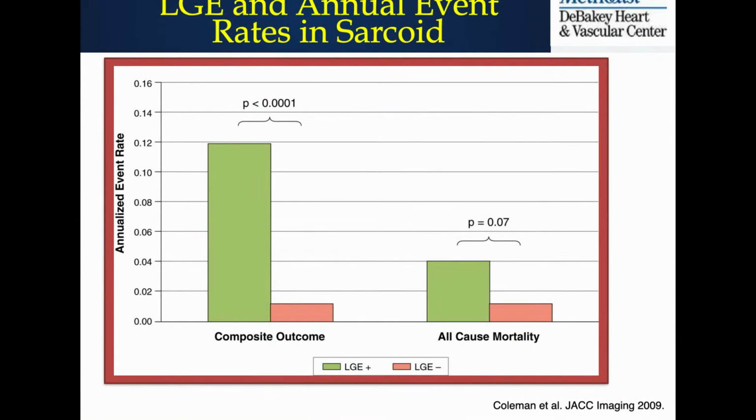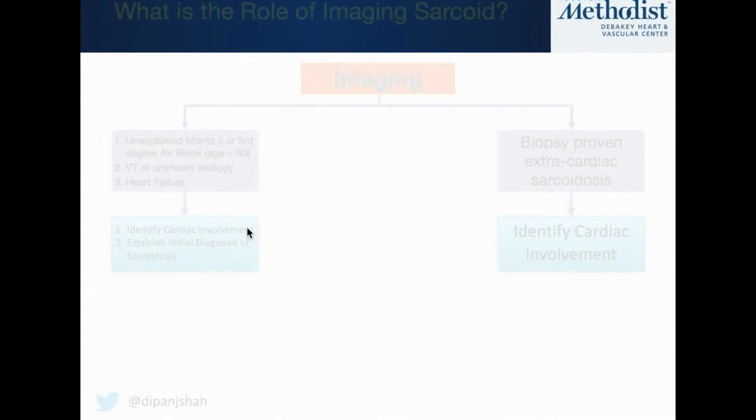And then this was followed by a multi-center meta-analysis which looked at about 10 studies with 760 patients, where again the findings were that in patients with known extracardiac sarcoidosis, if there's evidence of late gadolinium enhancement, these patients have a worse prognosis with a higher likelihood of composite events.